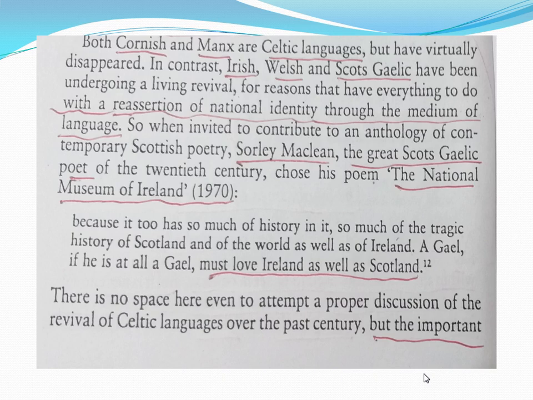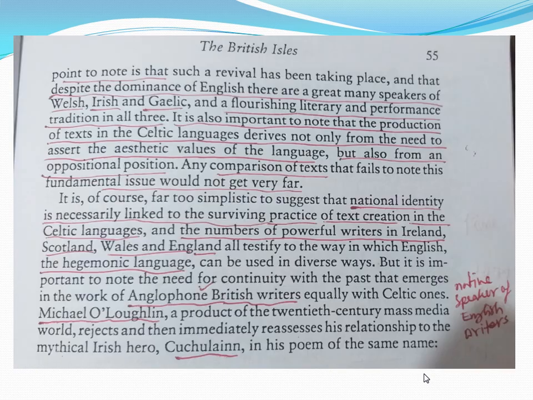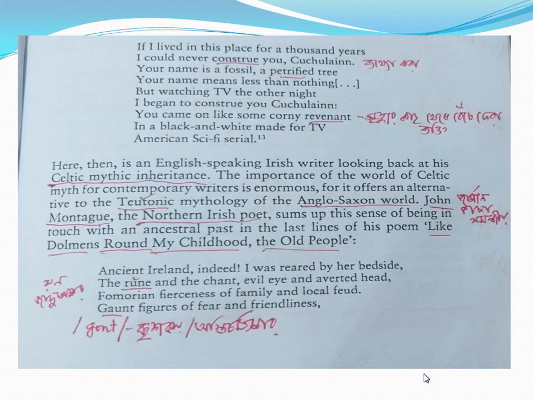A Gaelic, as he is a Gaelic, must love Ireland as well as Scotland. So here we see not only do they have their language, they have their poet, they have their literature as well. So we can't call Scottish literature British literature or the literature of the British Isles. So that was the history that moves on.